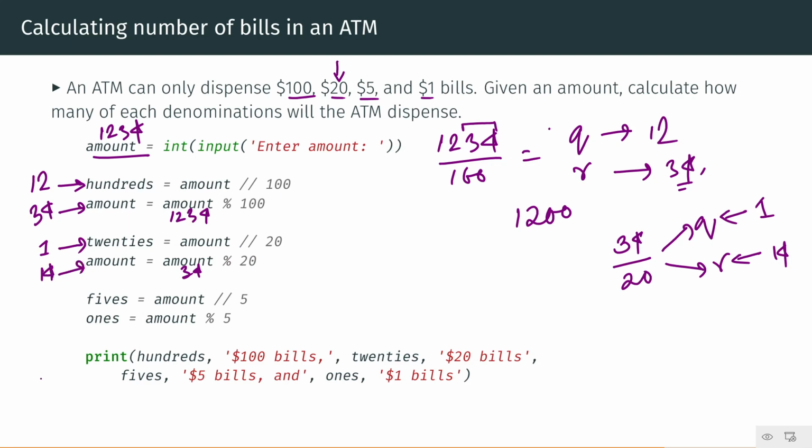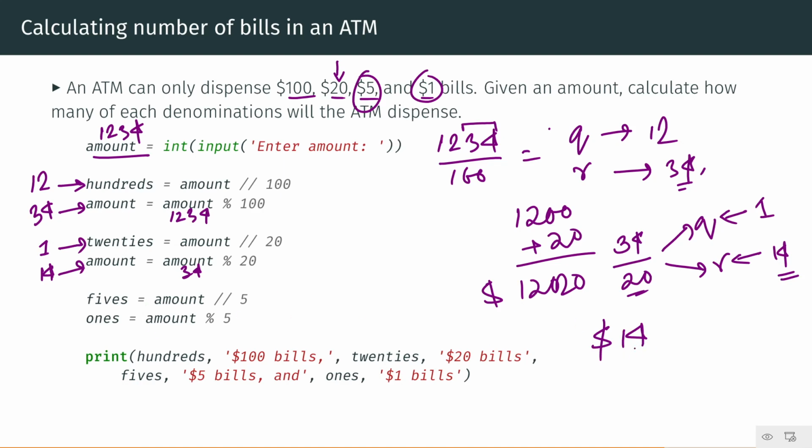Now you have already dispensed 1200 plus 20, which is $1,220 worth of cash. What's remaining is this $14. This $14 you'll have to dispense using $5 and $1 bills. So how will you do that?